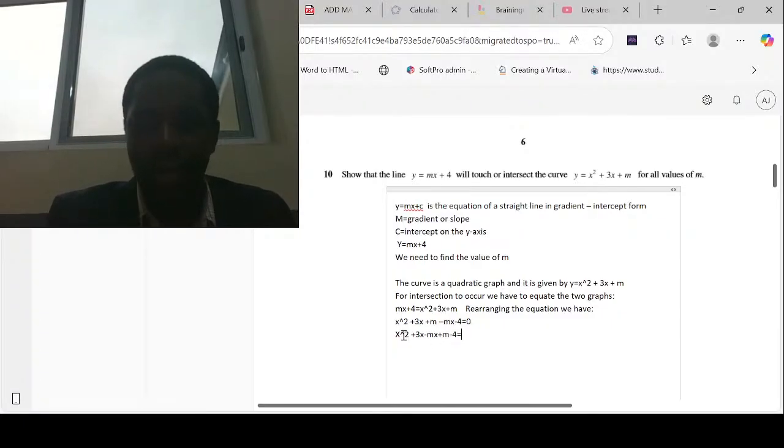Because at the end of the day, those two are going to be a constant, isn't it? So we factorize: x is common, right? x squared plus x times (3 minus m), plus, put the other one in a bracket if you like, (m minus 4) is equal to 0.